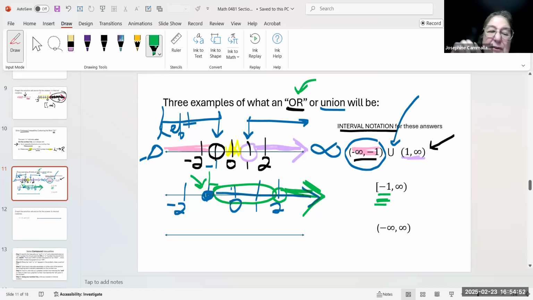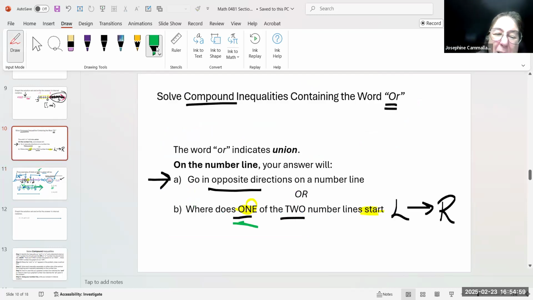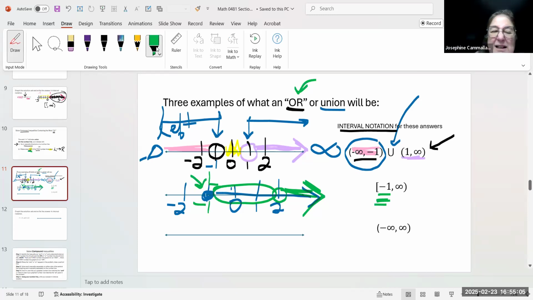It's going from -1 all the way out, which means where did my number line first start in blue? It started at -1. Now, this one. Okay.